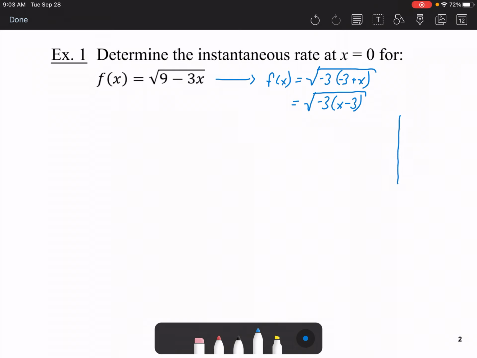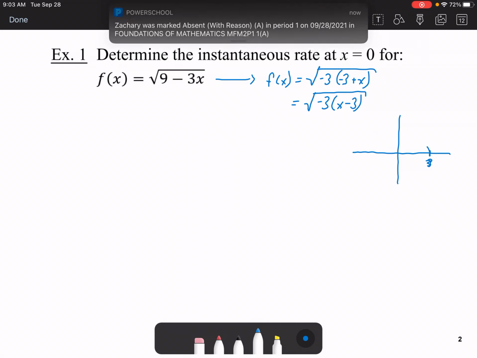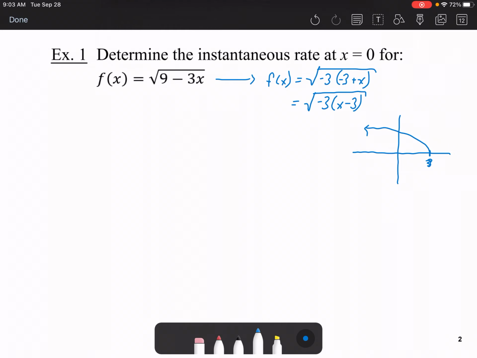As you might realize, this is a square root function. It has an x-intercept of x equal to 3, and has values that are less than or equal to 3. So you can only choose values less than or equal to 3 to work out the instantaneous rate of change.